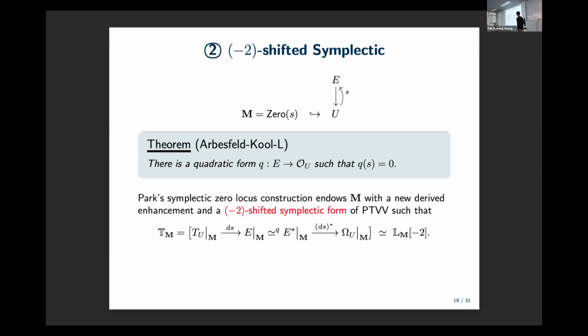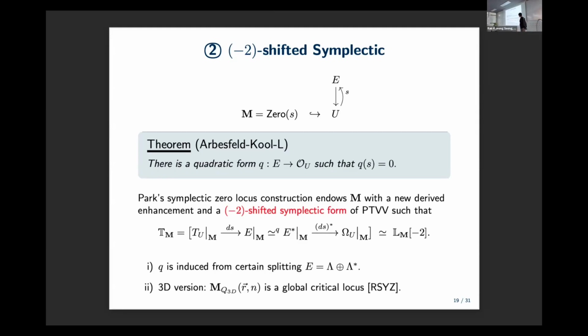And the fact that this becomes even a complex is precisely because of this isotropic condition. All right, so this construction of the quadratic form actually comes from a certain splitting of the bundle where lambda is an isotropic subbundle, and the complement is a dual of this isotropic subbundle.